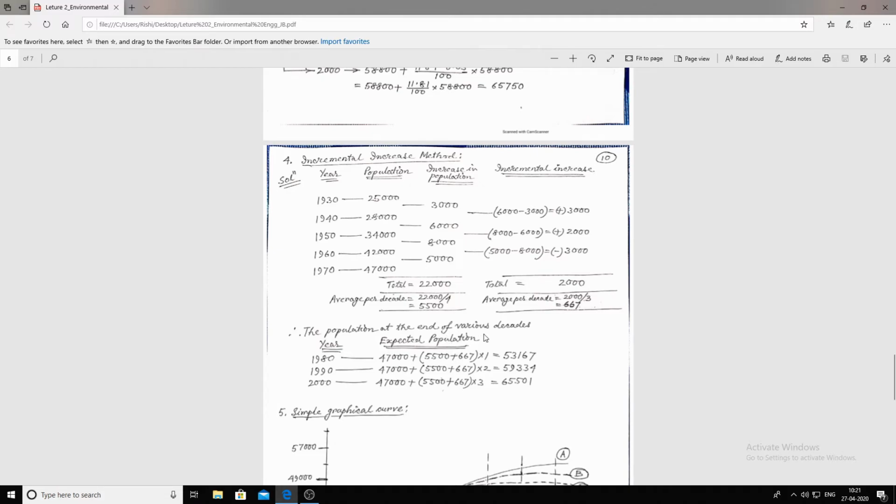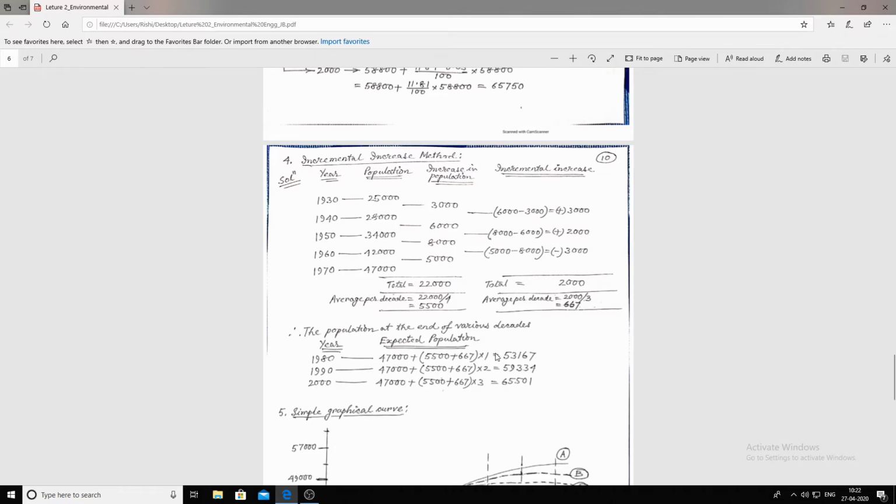Hence, the population at the end of various decades. For 1980, we are considering the 1970s population as the baseline population. With respect to it, we can calculate 47,000 plus 5,500, the increase in population, plus the incremental increase, 667. Here there are two increases, the increase in population and the incremental increase, and these are to be added.